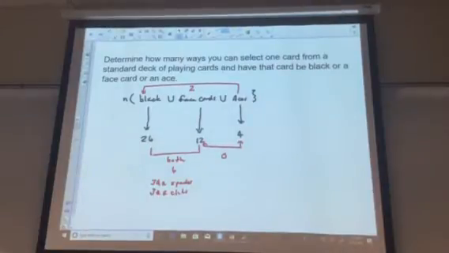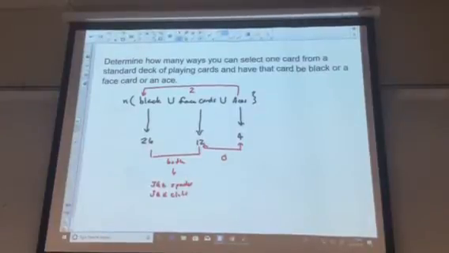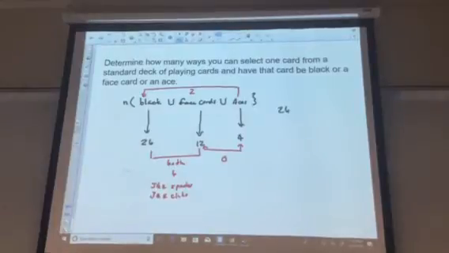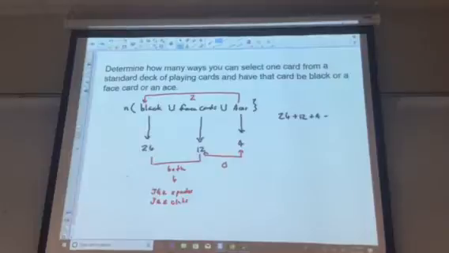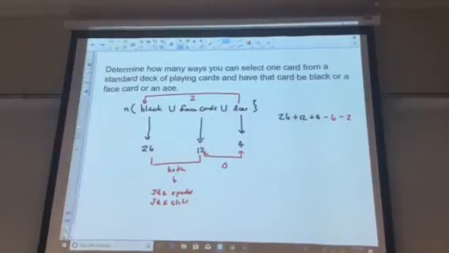If we just added 26, 12, and 4, we'd end up with too many cards, wouldn't we? So I have 26, I have 12, I have 4, but I'm saying that there are 6 that are both face cards and black, and there are 2 that are both aces and black.